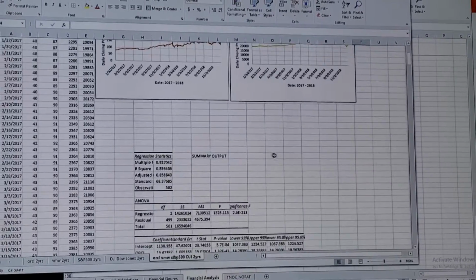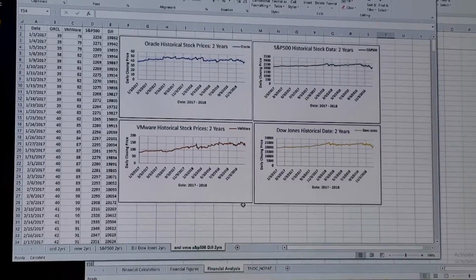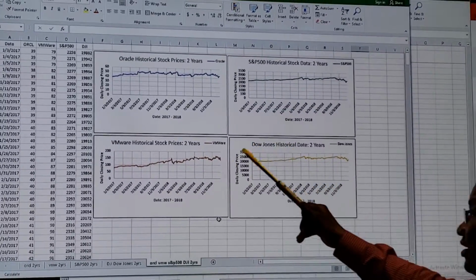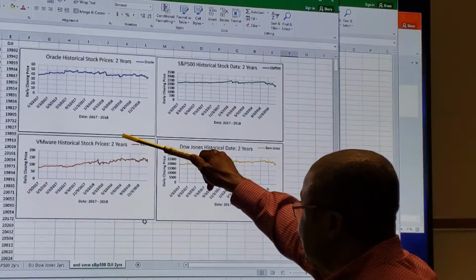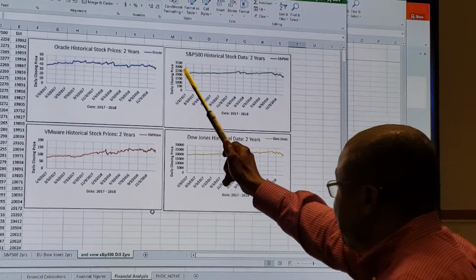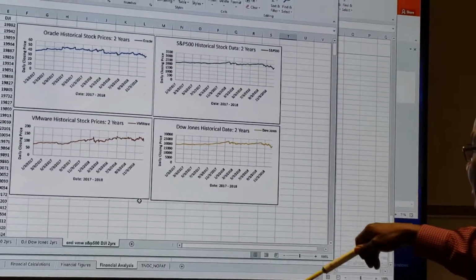So here, I went to Yahoo Finance, and I got these numbers. I got the year-end prices, top prices for Oracle and for VMware for 2 years, 2017 and 2018.